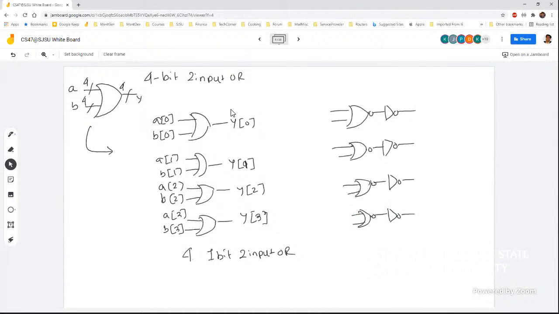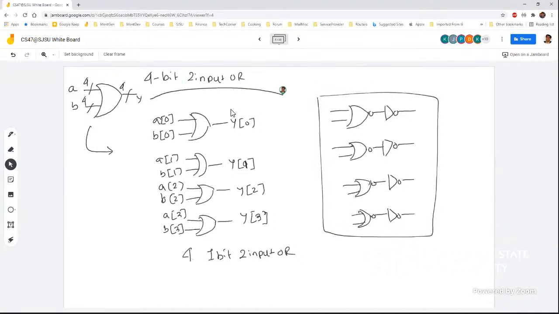So when we say 4 bit 2 input OR, we really mean inside there are four 1 bit 2 input NOR and 4 inverter.